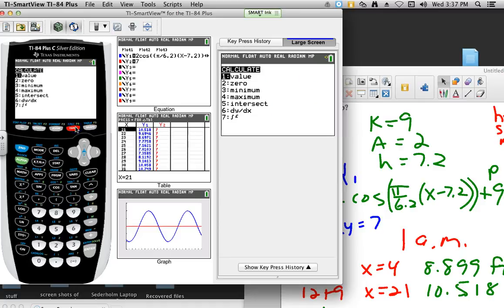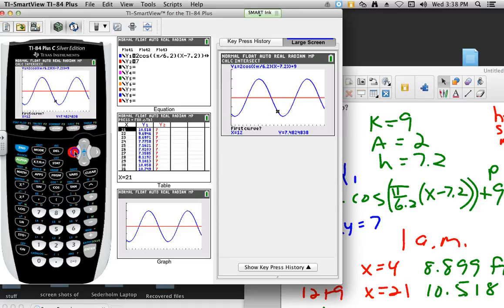So second trace, number 5, and we're going to get Blinky over there again. Like I said before, I sure hope my left arrow doesn't stick. It's been doing that a lot lately. Let me give it some time to catch up. All right, now Blinky should be able to figure out that that is the intersection that I want. And we get 4.1.